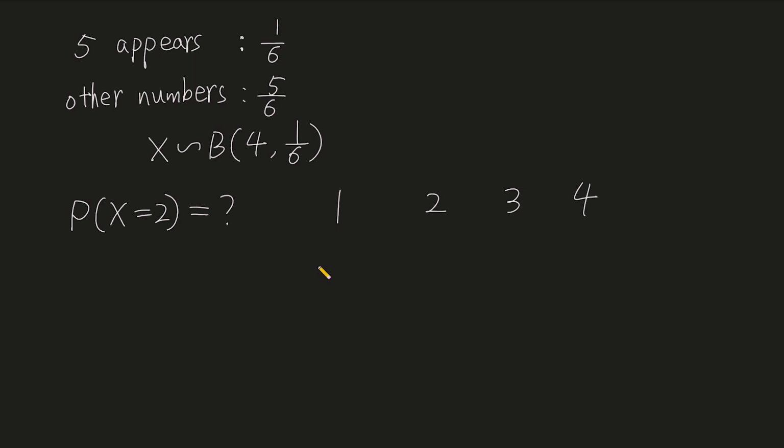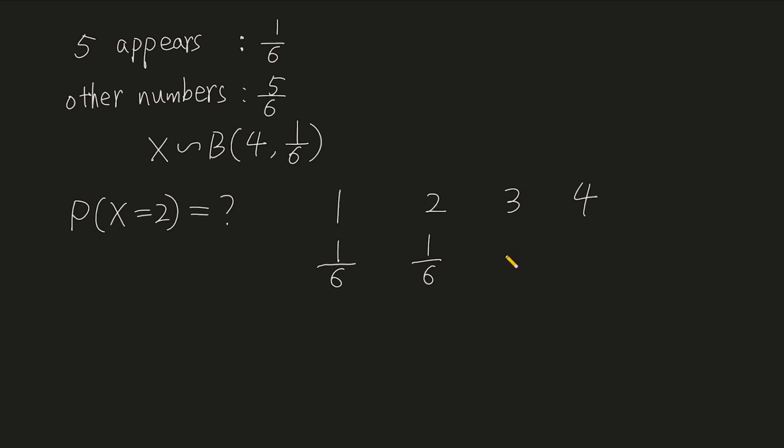For number 5 to appear in one experiment, the probability is 1 over 6. So we write 1 over 6 here. And the second experiment, number 5 appears again, with probability 1 over 6.